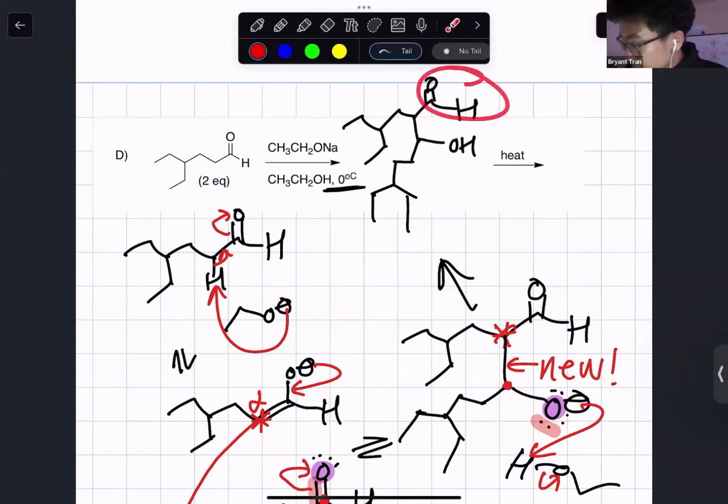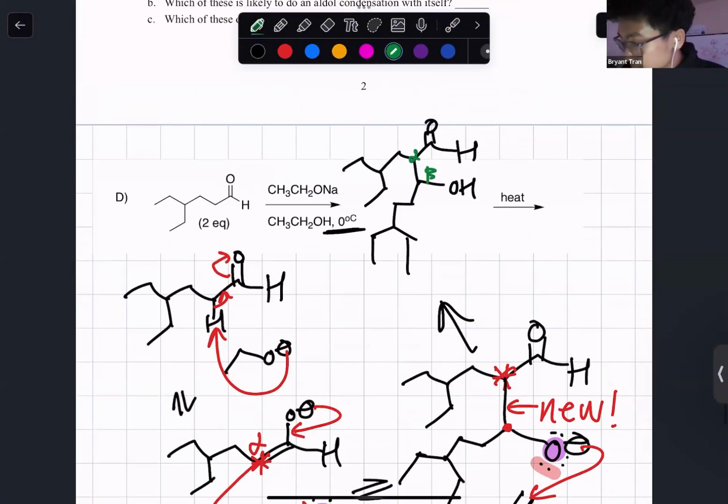Right, where we have an aldehyde and beta to the aldehyde, we have an alcohol. So alcohol next to aldehyde next to alcohol. This is an aldol, right?